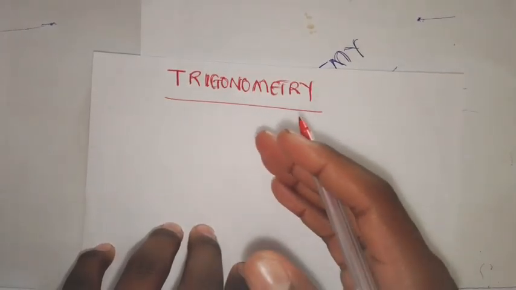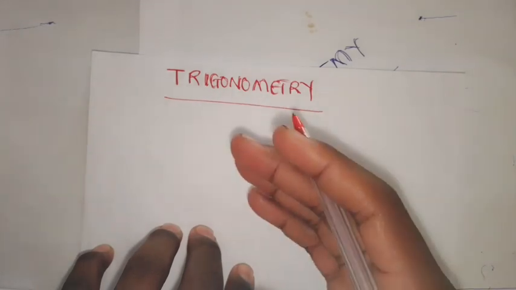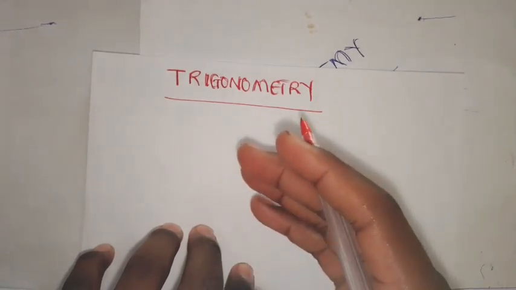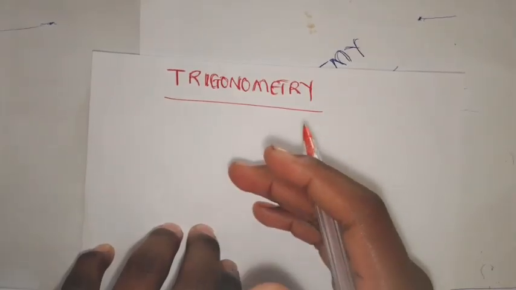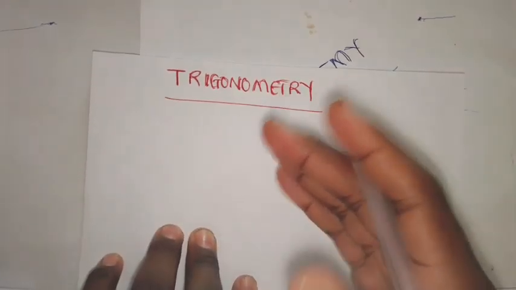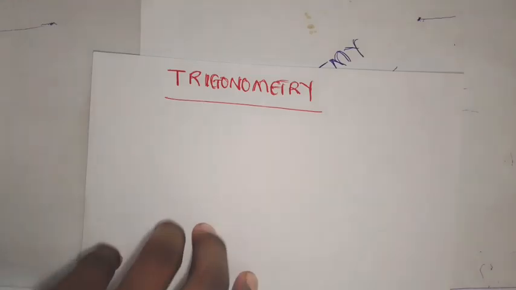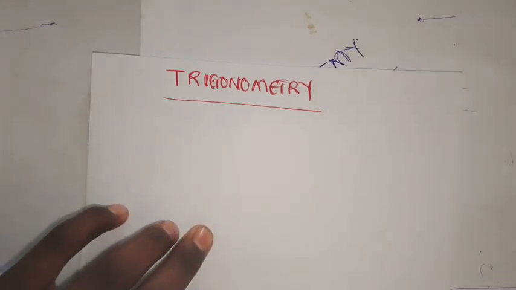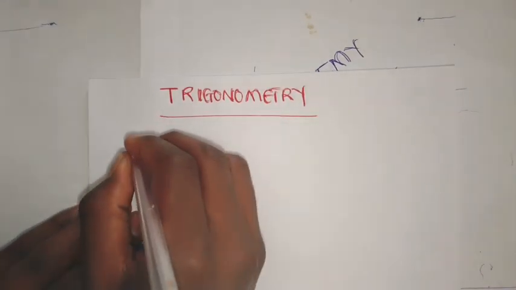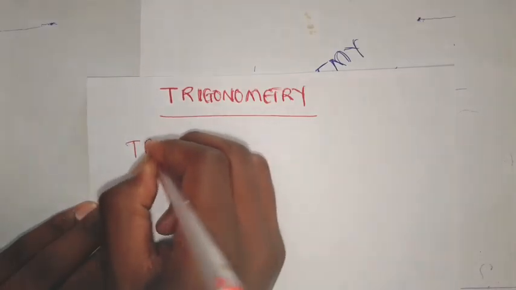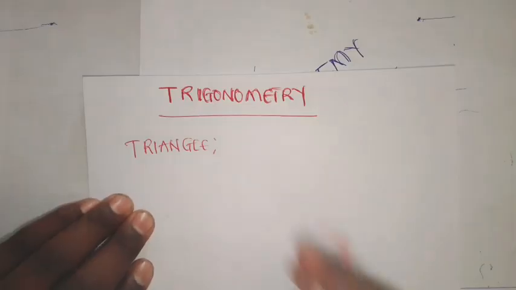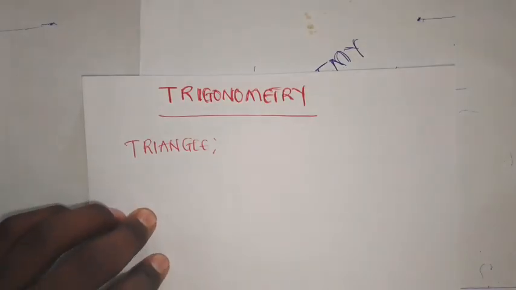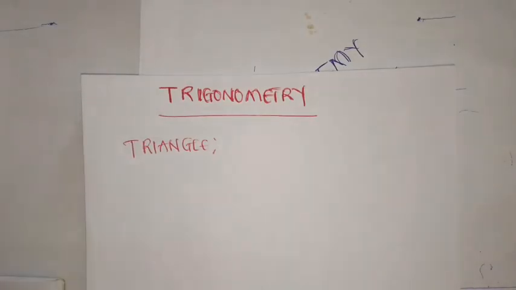But for the better understanding, let's talk about a triangle, because trigonometry is all about triangles. Let's try to describe how it looks.